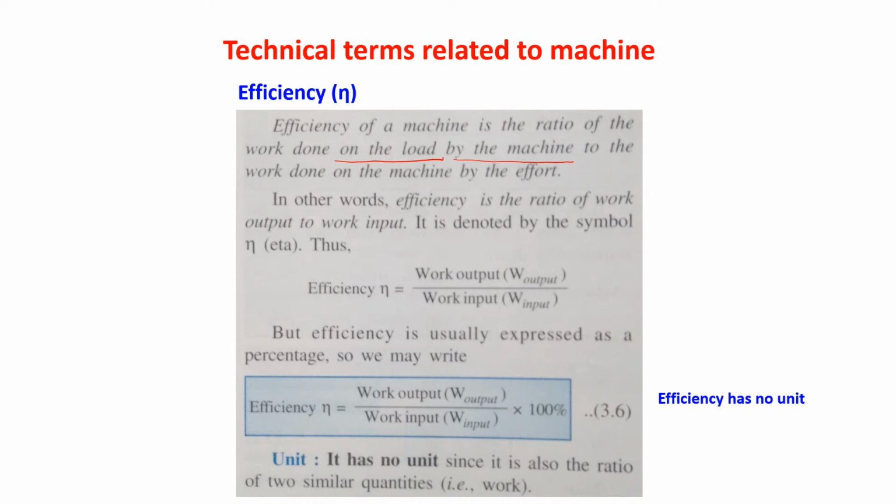Am I clear? On the other hand, efficiency is the ratio of the work output to work input. Efficiency is denoted by eta, that is equal to work output by work input.